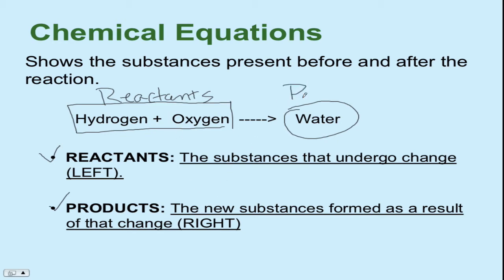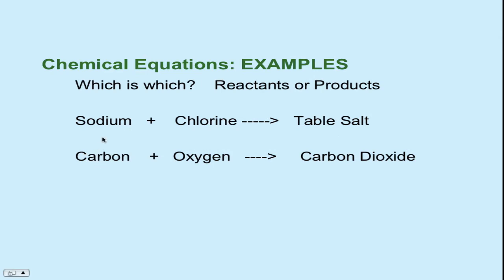So water, even though it's made up of hydrogen and oxygen, has very different properties than hydrogen and oxygen themselves. Reactants are on the left because they react together, and then what's produced is on the right-hand side, and that's my product.